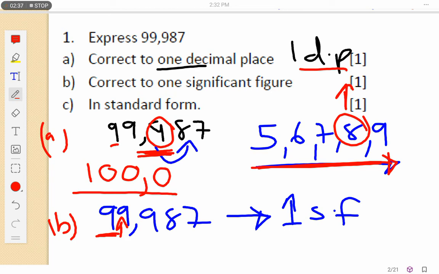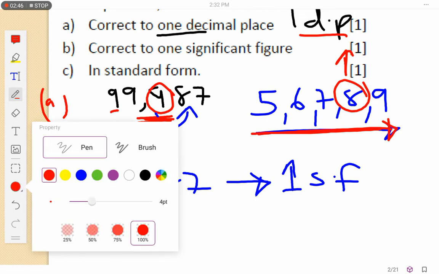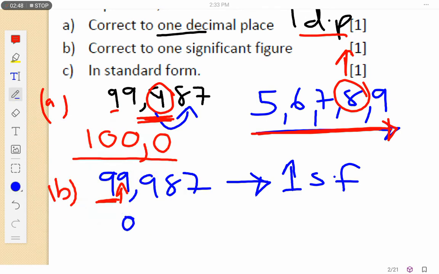So if we round 9, it becomes 10. So I'll write 0 there, and 9 plus 1 here, I'll get a 10. This is how we round off to 1 SF.